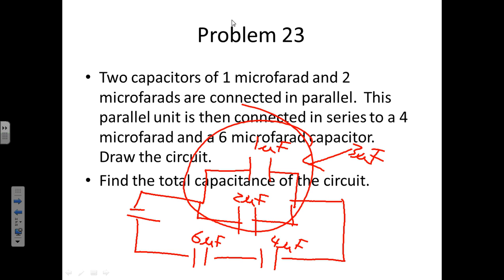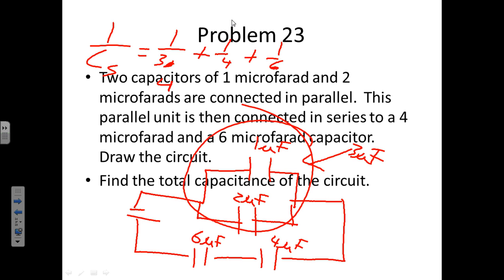And when you're trying to find the series capacitance, to do that, we have to use the whole 1 over thing, the inverse thing. So we're going to say 1 over that parallel branch, 1 over 3, plus the next one, 1 over 4, plus the next one, 1 over 6. We get a common denominator of 12.